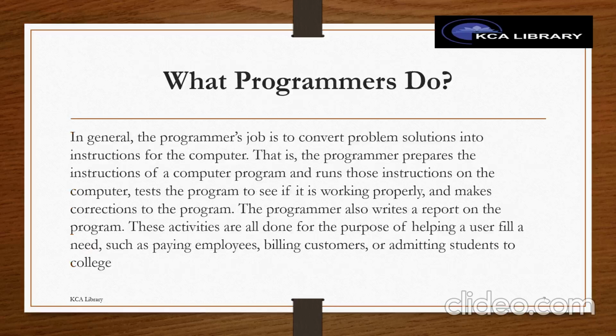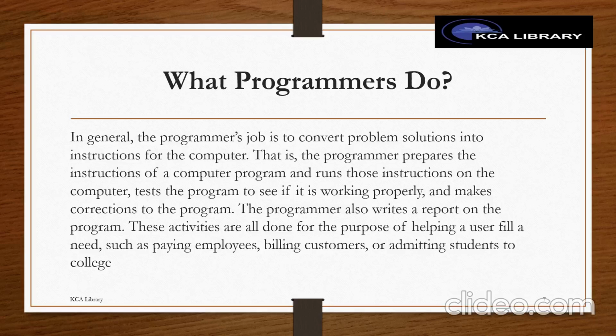So we have looked at programming, we have defined programming. So who are the people that program? These are called programmers. A programmer's job is to convert problem solutions into instructions for the computer. The programmer prepares the instructions of a computer program, runs those instructions on the computer, tests the program to see if it is working properly, and makes corrections to the program.